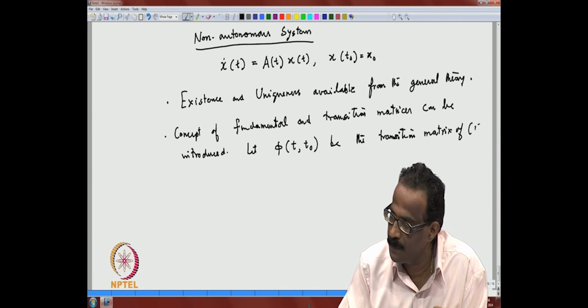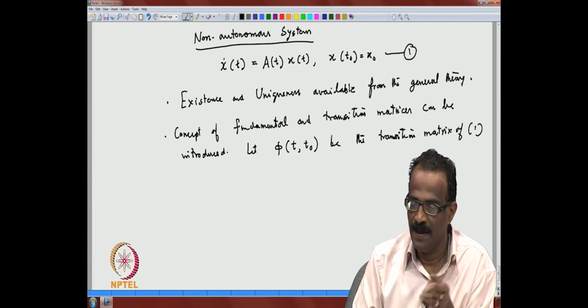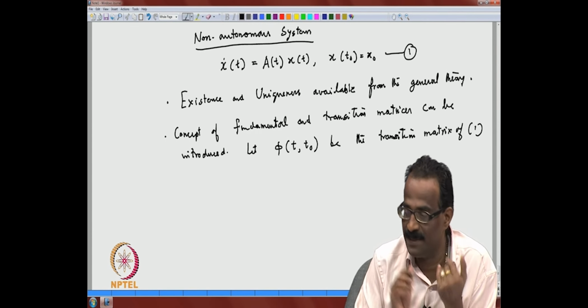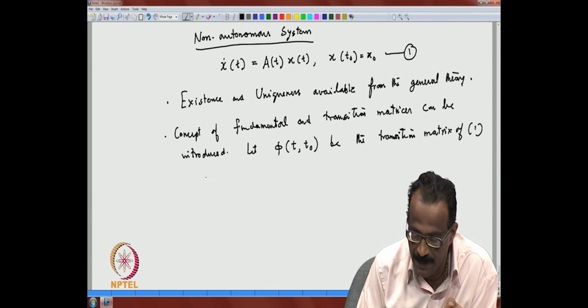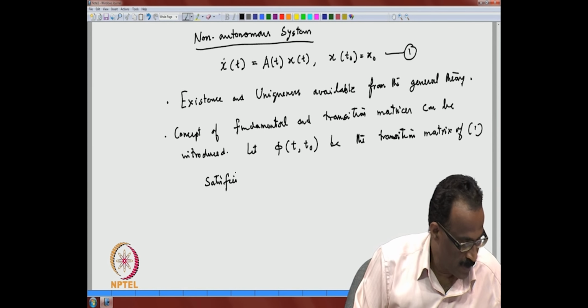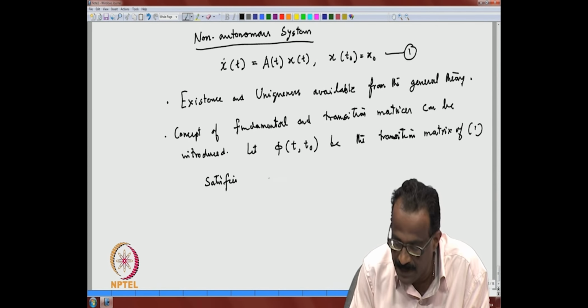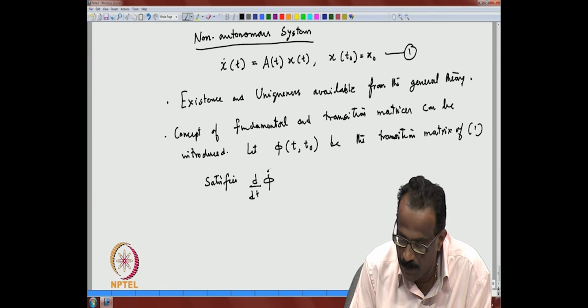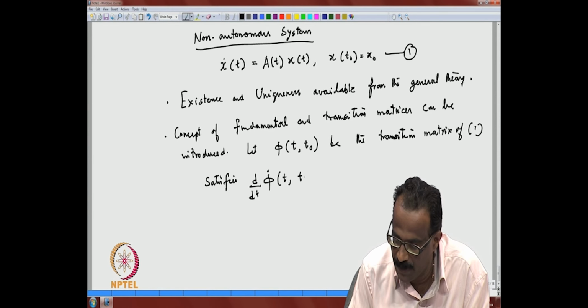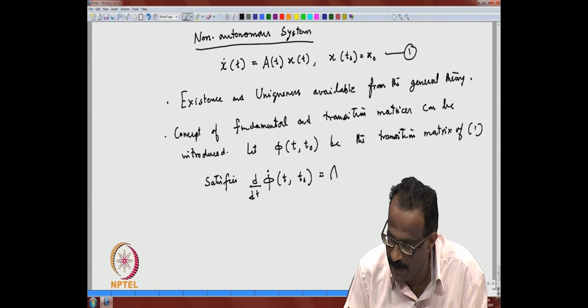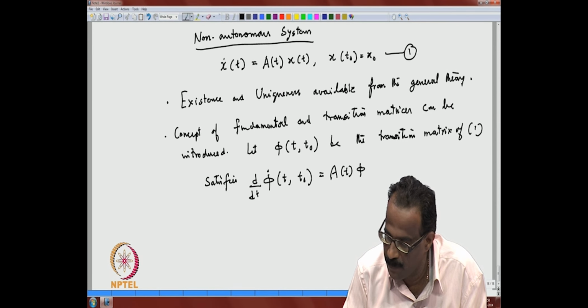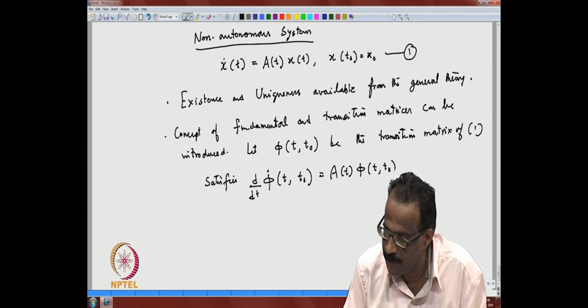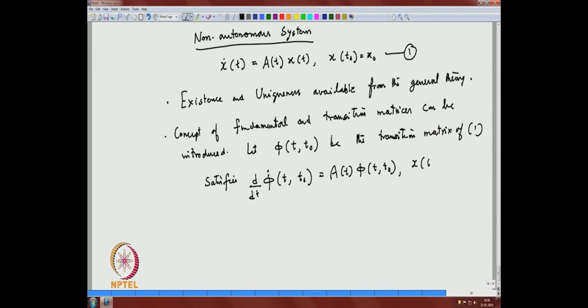of the system, which means it satisfies this matrix differential equation: phi dot, that is d by dt, this is a matrix, phi dot of t, t naught is equal to A t phi of t, t naught, and phi at t naught, t naught is equal to identity.